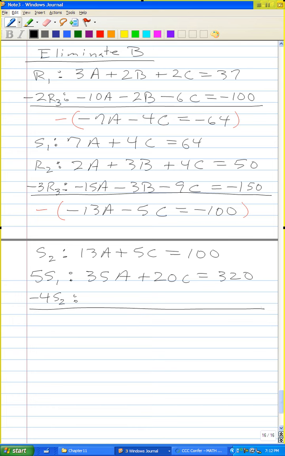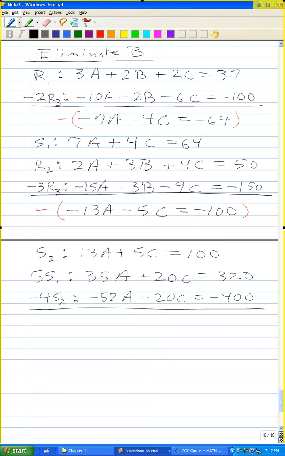So let's multiply 4 times 13: 52A minus 20C equals negative 400.